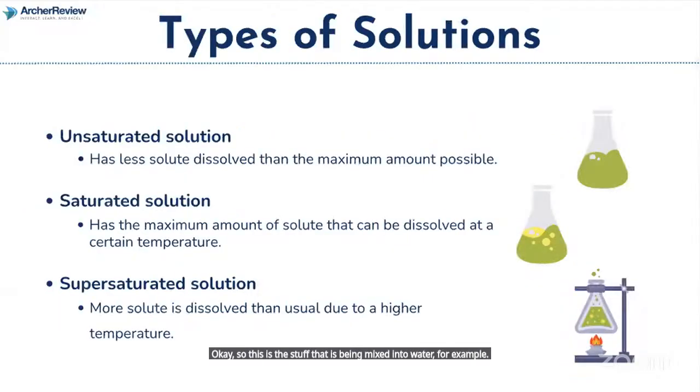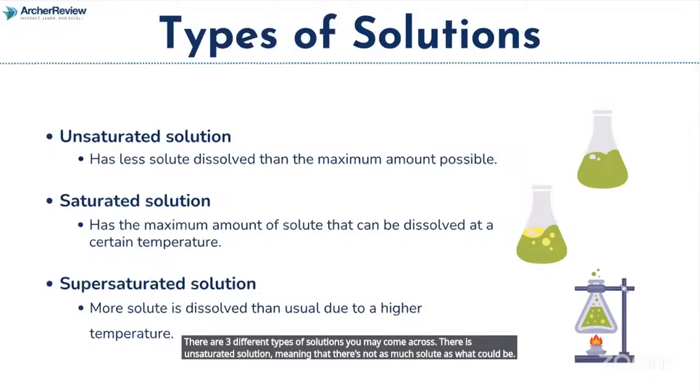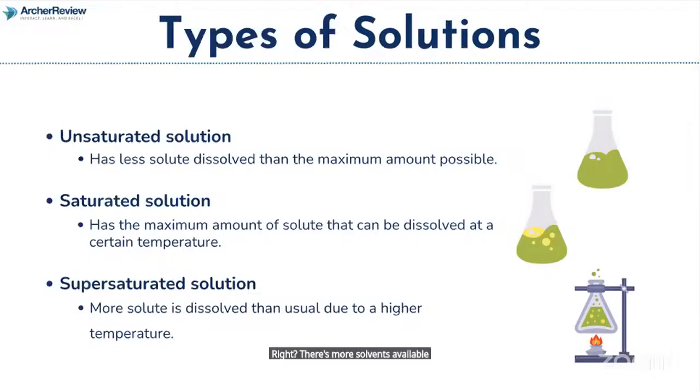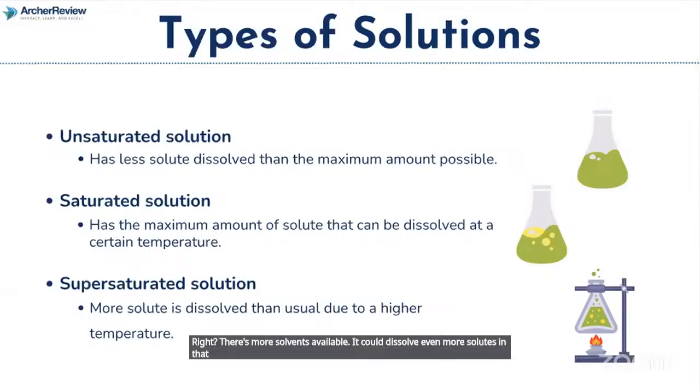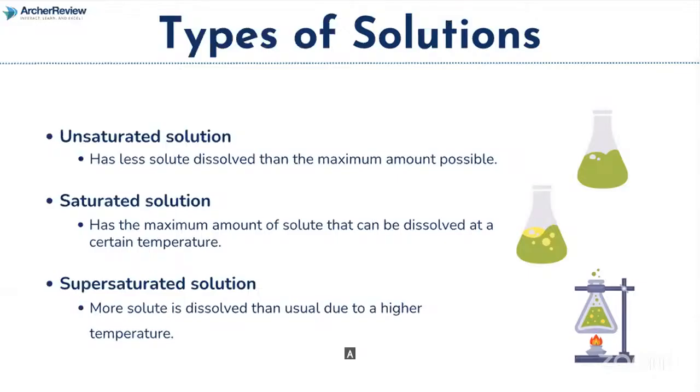There are three different types of solutions you may come across. There is unsaturated solution, meaning that there's not as much solute as what could be. There's more solvent available, so it could dissolve even more solute. That's called unsaturated. A saturated solution has the maximum amount of solute that can be dissolved in that solution.